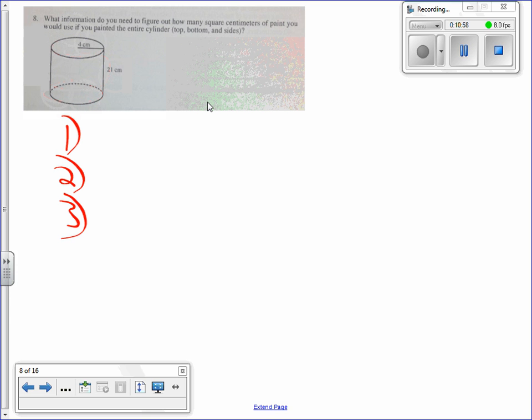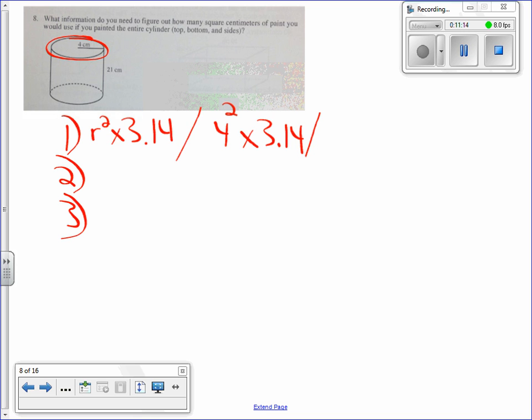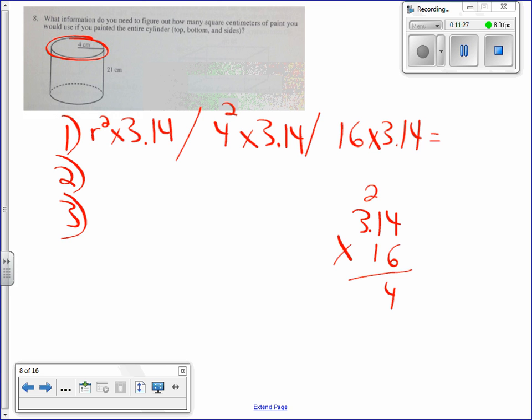So the top face would be here, which is from the area of a circle. So that's radius squared times 3.14, which means 4 squared times 3.14, which means 16 times 3.14. 6 times 4 is 24. 6 times 1 is 6, plus 2 is 8. 6 times 3 is 18.